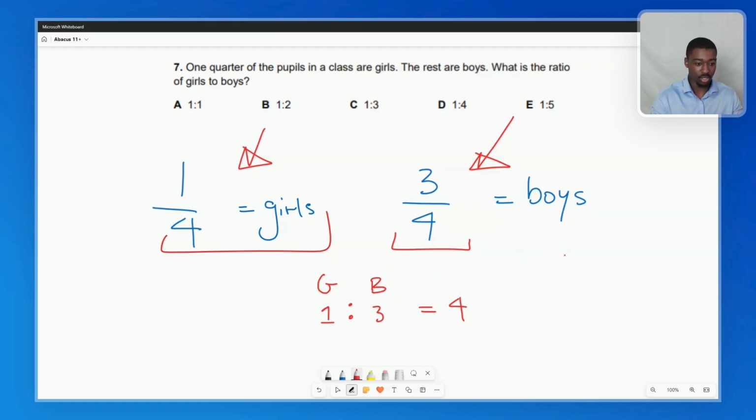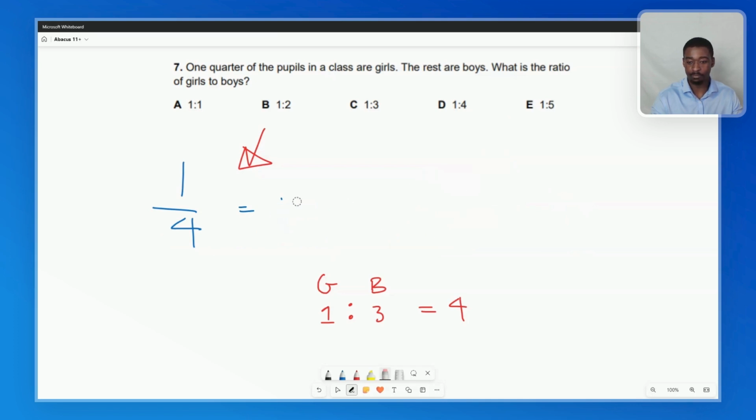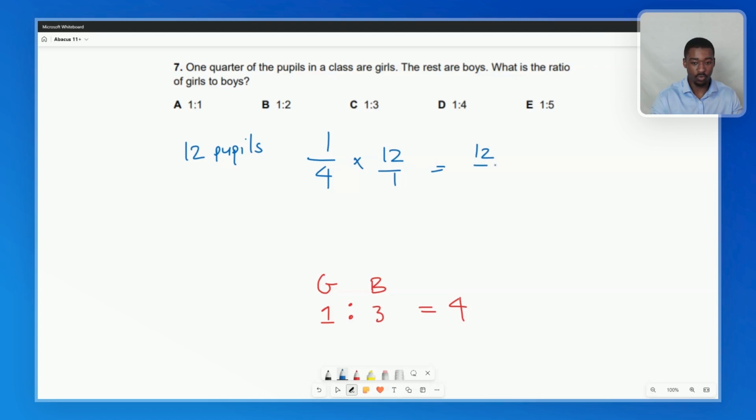And we can even prove this. Let's say we had a class of 12 pupils. If 1/4 are girls, that's 1/4 of 12, giving us 12/4. Cancel vertically, we have 3. And then for the boys, we have 3/4 of 12.